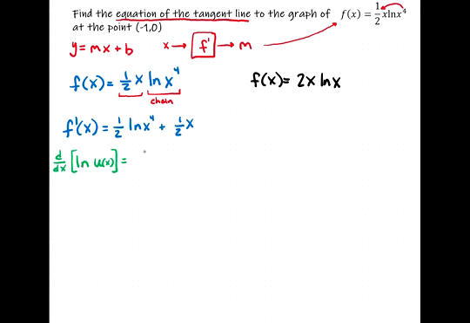So that would be 1 over the argument, or 1 over x to the fourth, times the derivative of the inside, so the derivative of x to the fourth, which would be 4x to the third.